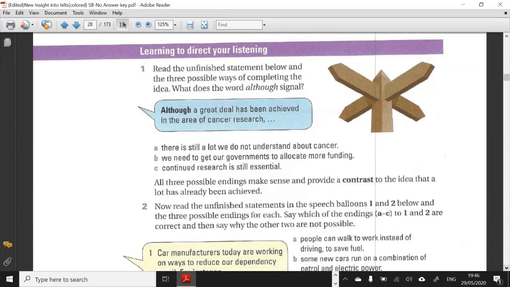Although a great deal has been achieved in the area of cancer research means a lot of work has been completed. Yeah, I think the answer is B, we need to get our government to allocate more funding. What do you think about A? There is still a lot we do not understand about cancer. B, we need to get our governments to allocate more funding. C, continued research is still essential.